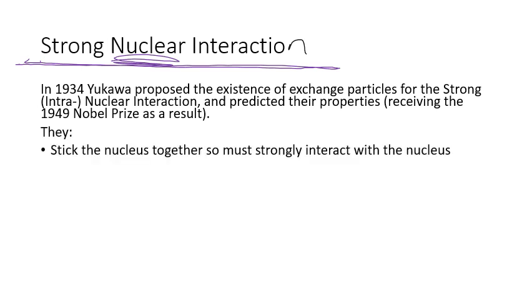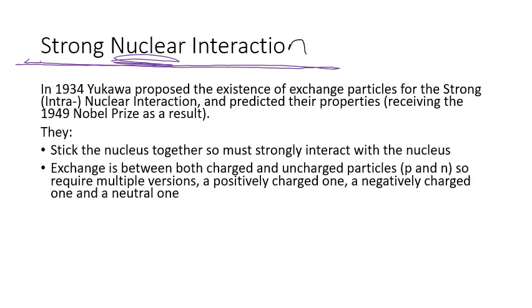They've got to stick the nucleus together, so they've got to strongly interact with the nucleus, which seems obvious. Now, this one's slightly less obvious, but it's true for beta decay as well: the exchange is between both charged and uncharged particles. That requires three different versions of our exchange particle: a positively charged one, a negatively charged one, and a neutral one.